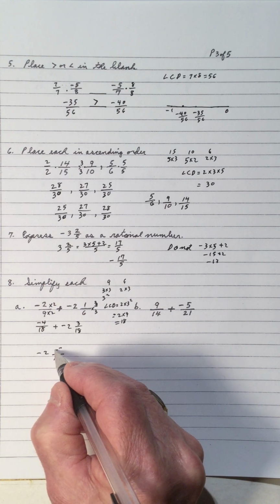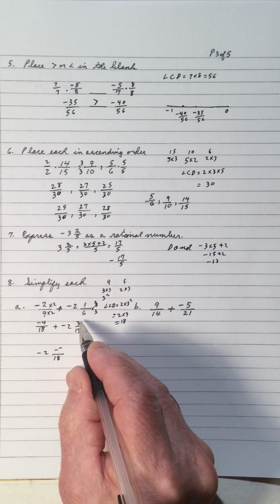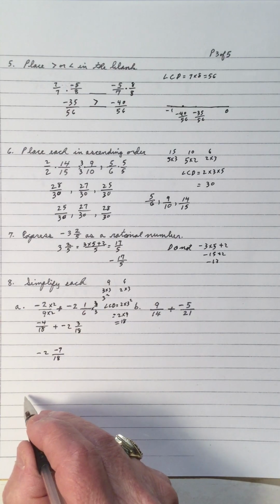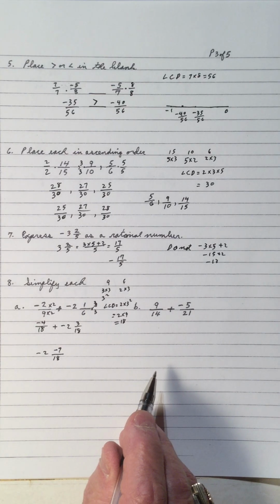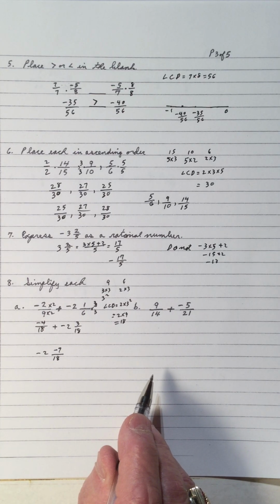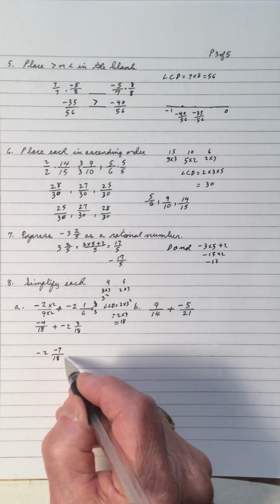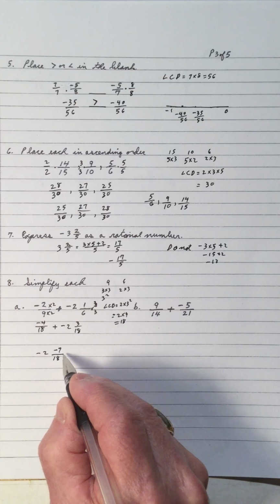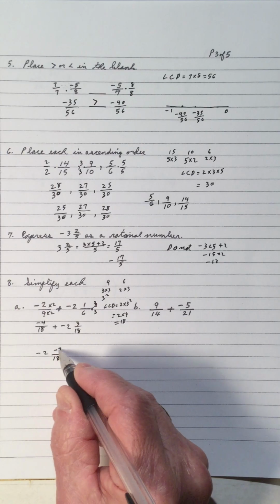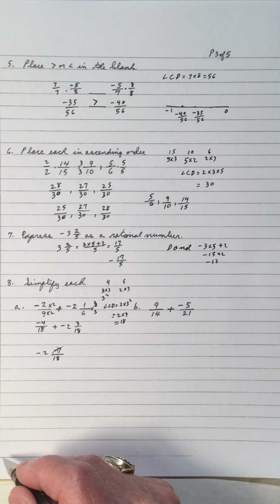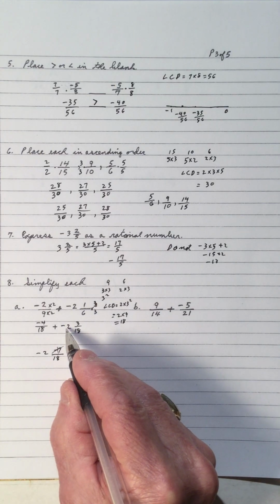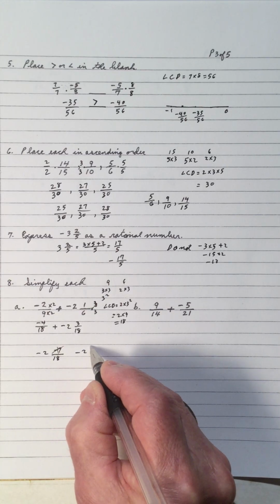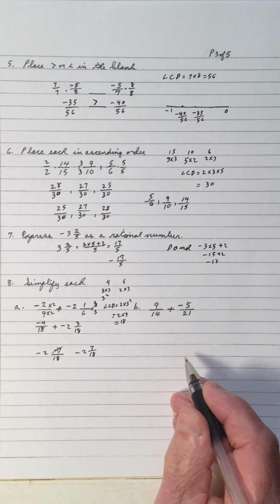And negative 2, and that's a negative. I suppose it would be wrong to do it that way, because this is a negative and this is a negative. So this is negative 2 and 7 over 18.